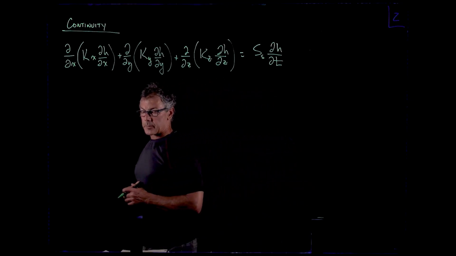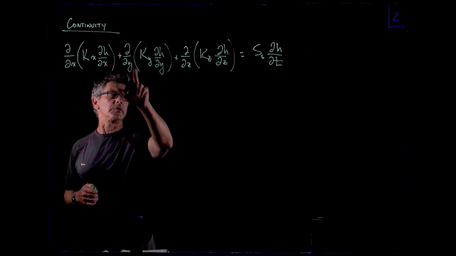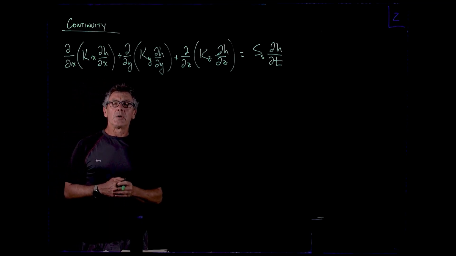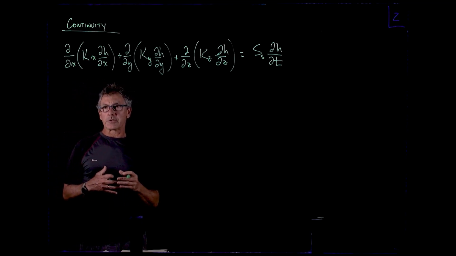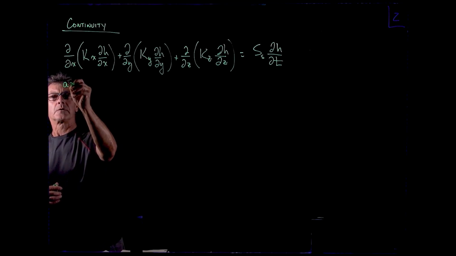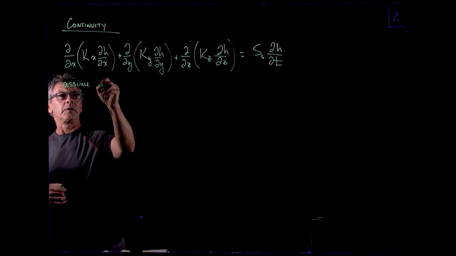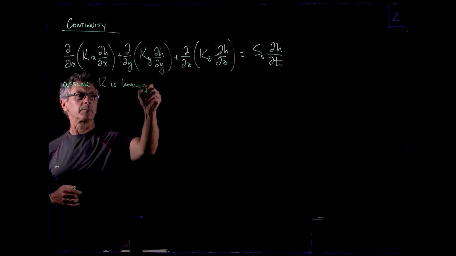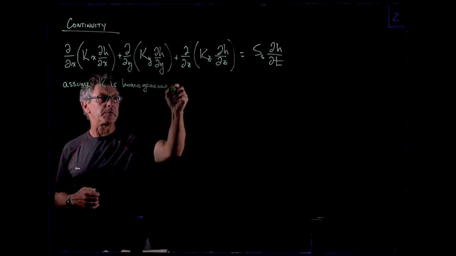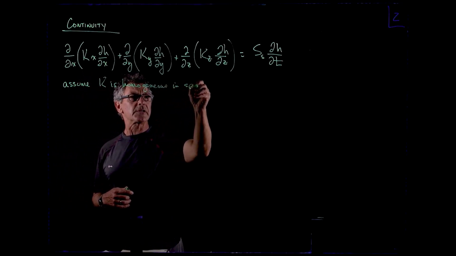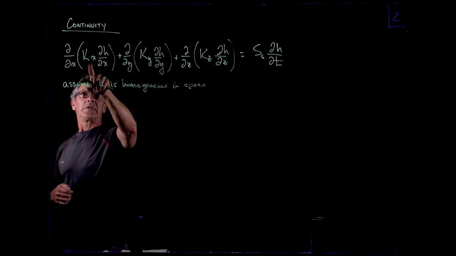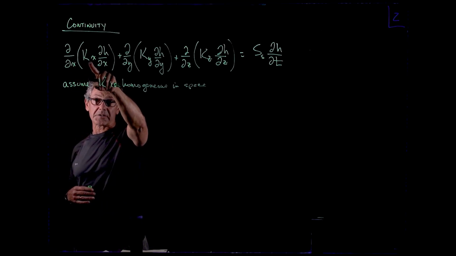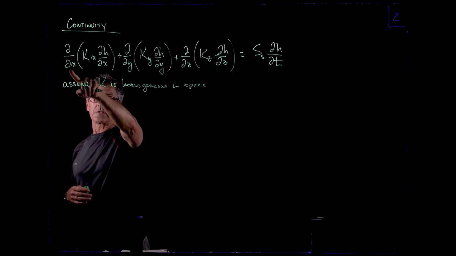So the first thing we're going to think about is the hydraulic conductivity. You have Kx, Ky, Kz. And what we're going to do is assume that K is homogeneous in space. So if it doesn't change in space, that means with respect to this derivative here, Kx is constant, and so there's no reason to have it inside of the derivative.